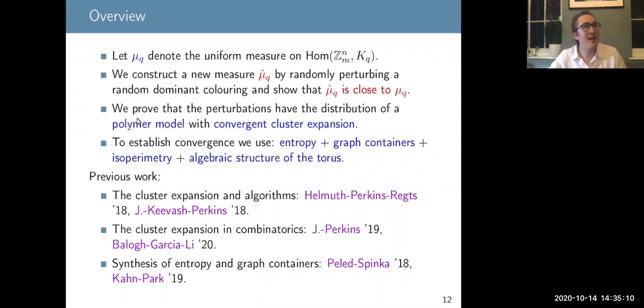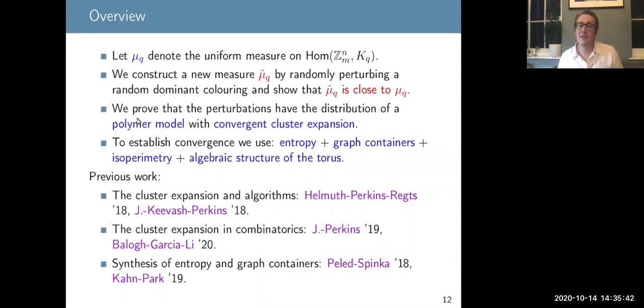Do you mean the way we understand mu hat, does it fall within the usual applications of the cluster expansion? I guess part of my question is, if someone wants to learn cluster expansions and polymer models, just the idea of mu hat, mu, and so forth, is that part of the idea similar everywhere?